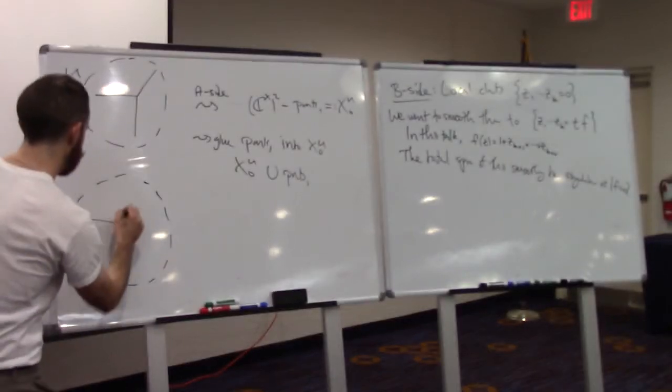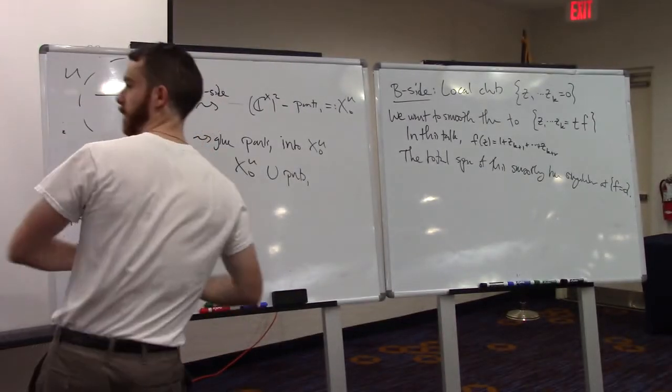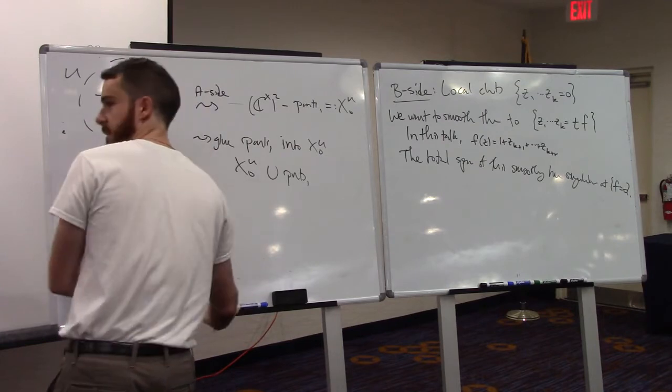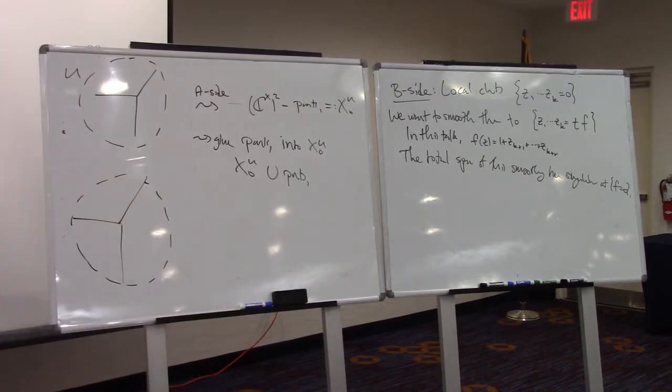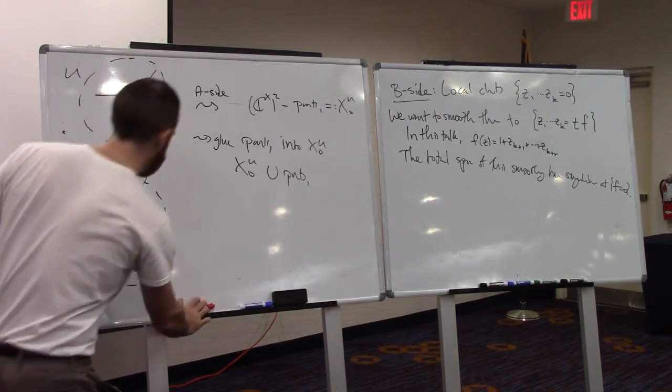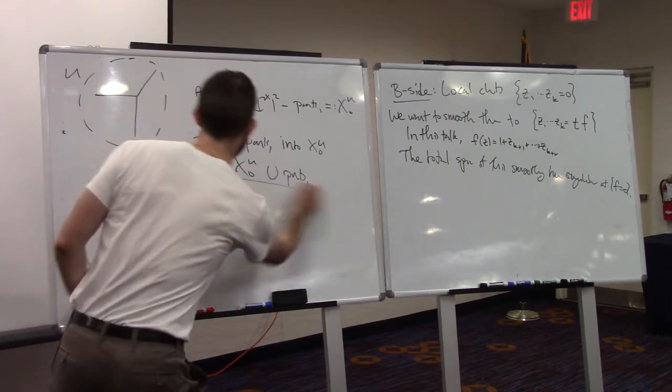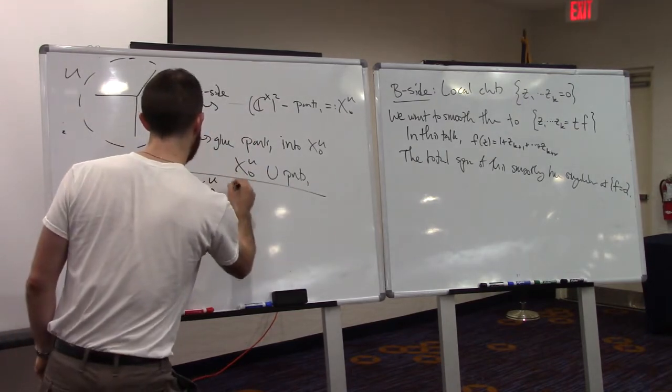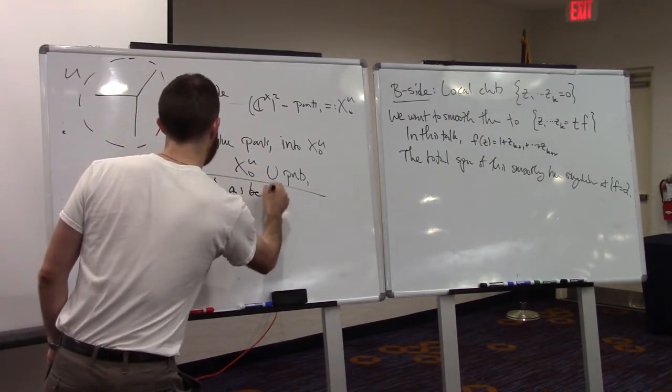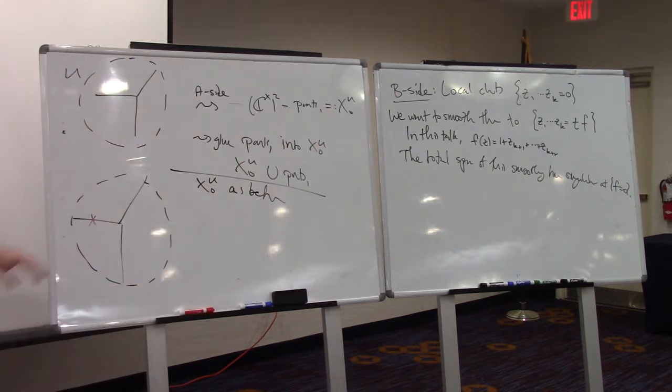Now what if I do the same thing, but I have a discriminant locus here. My discriminant locus doesn't have a color at the moment, so I'll make it red. I put a little x here. What that's telling me is that X0U is as before, so my large volume limit doesn't change, because that didn't depend on these singularities.